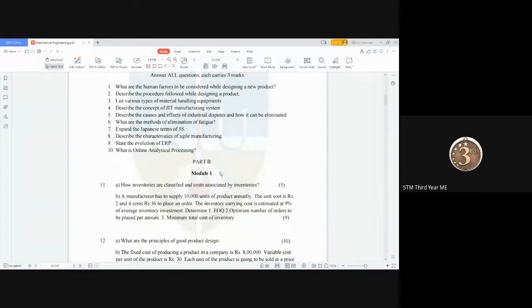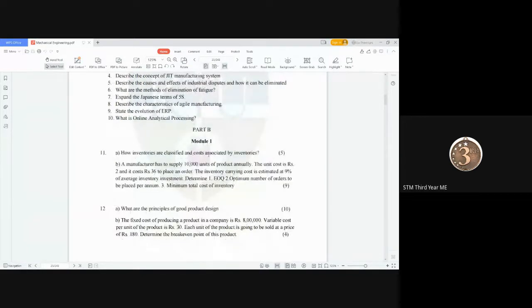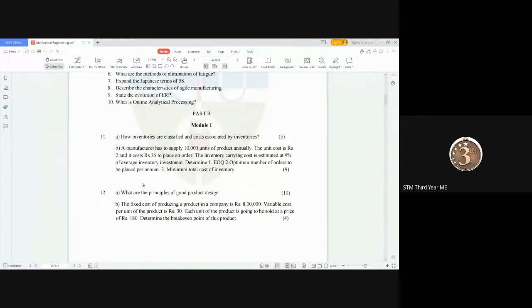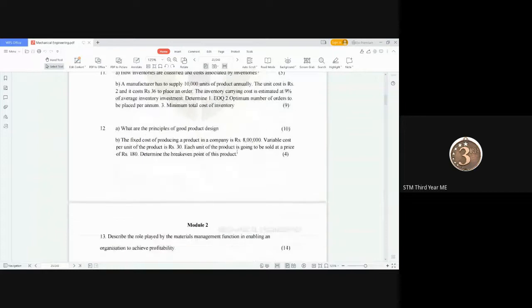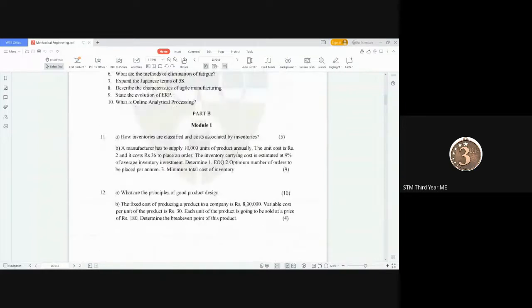Then coming to part B, you can see how the questions are there from each module. There will be an A part and a B part for the respective question, and 2 questions will be given, each carrying 14 marks.